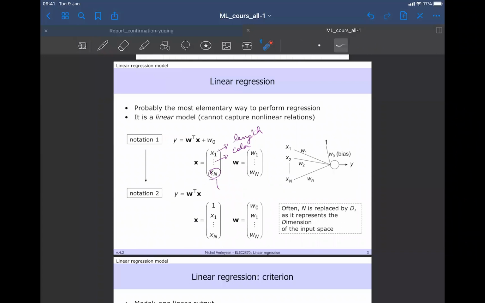For simplicity, I will write the bias inside the weight. So I put a 1 as first feature and W0 as first weight. Therefore, I always have this constant bias term. It's just a simplicity to have the notation as a simple dot product.